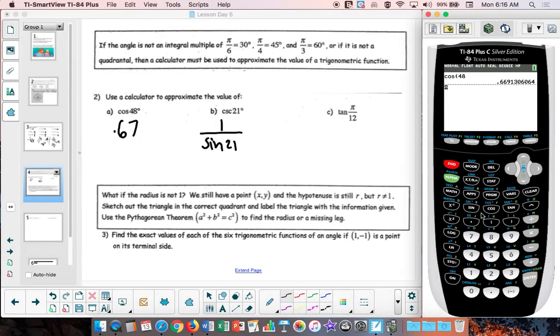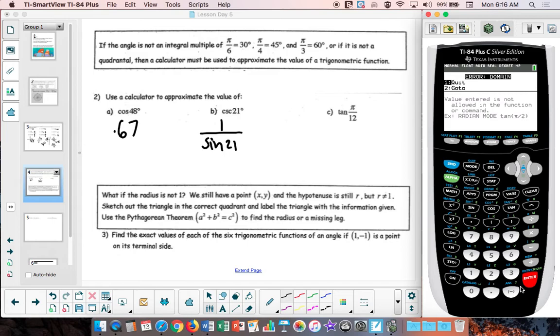Let's try it. I think sine of 21, it's an error domain, because this is a ratio between the hypotenuse and the height, and the hypotenuse has to be longer than the height. So plugging in 21 would say that the height is 21 times greater than the hypotenuse, which doesn't make sense within right triangles.